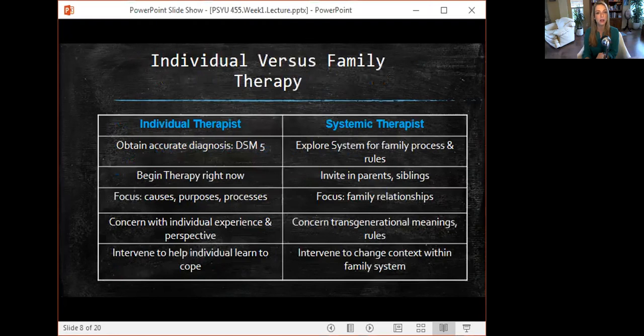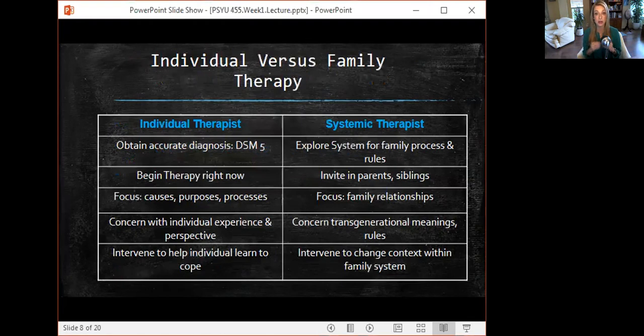I went ahead and put up for you this comparison of individual versus family therapy. If you aren't familiar with individual therapy, a therapy from an individual lens differs significantly from a therapy from a family therapy lens. An individual therapist is looking to obtain an accurate diagnosis for an individual from the DSM-5.